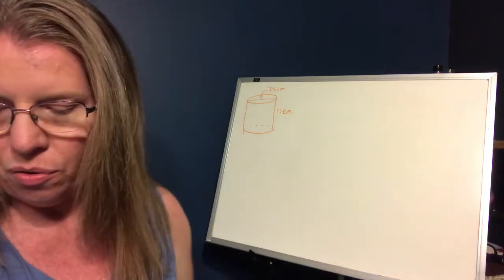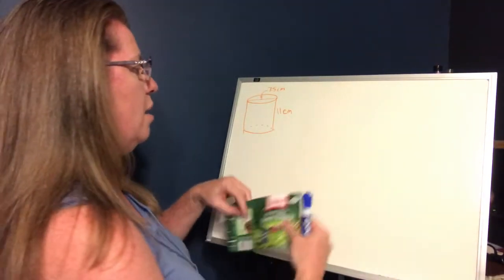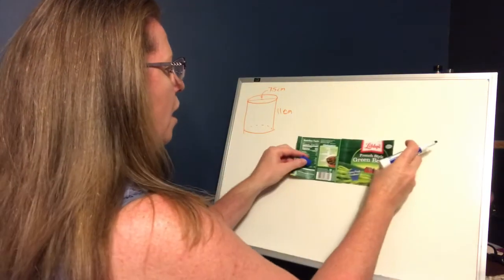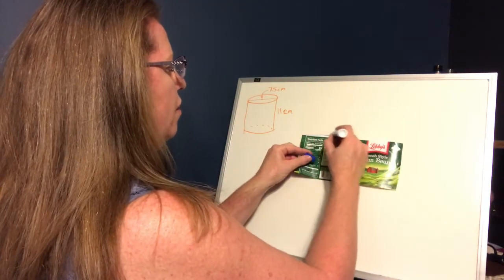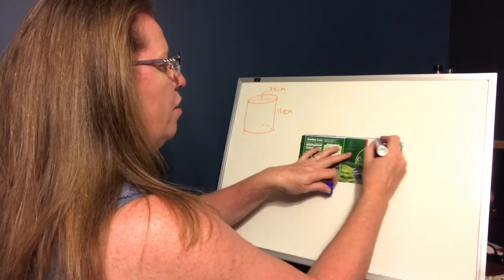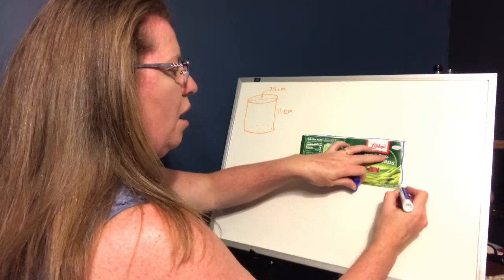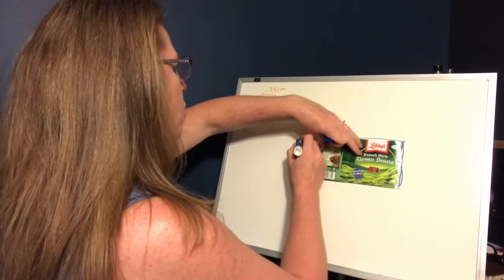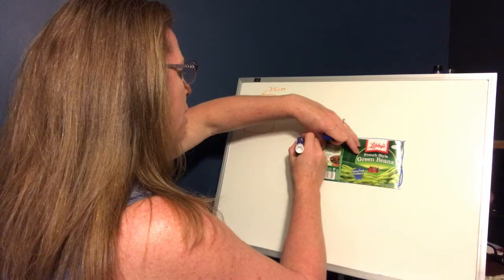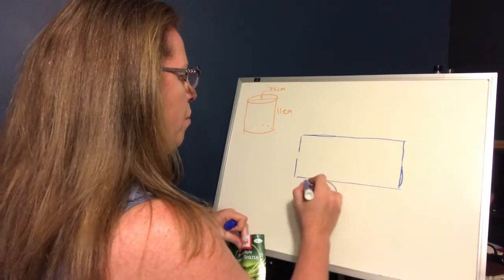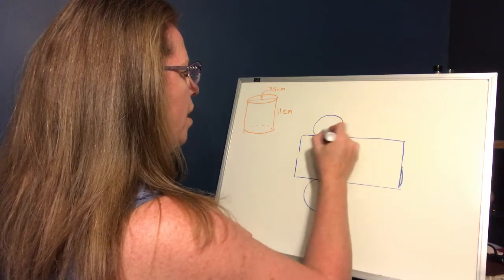Okay, let's go ahead and draw my can. We've got a nice rectangle here, with a height of 11. Of this big rectangle, I'm going to put my can top and bottom.